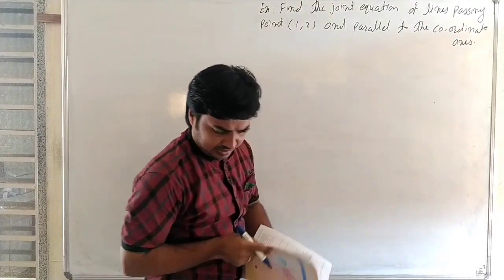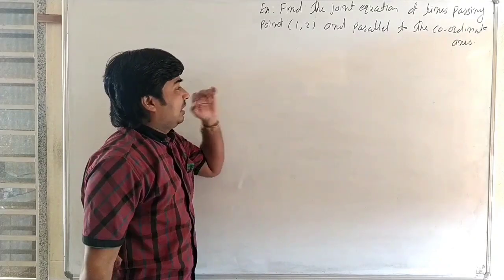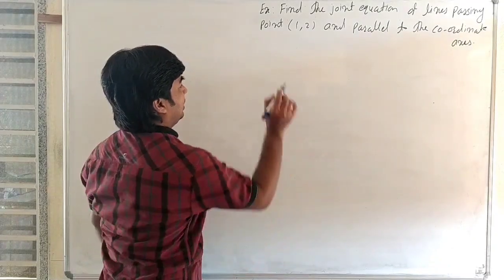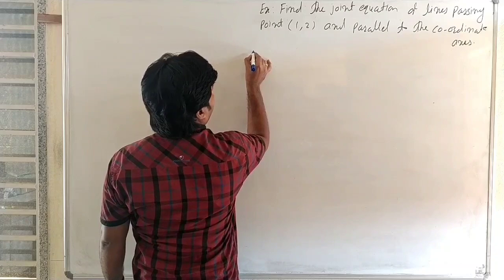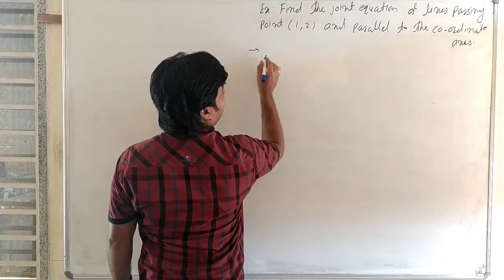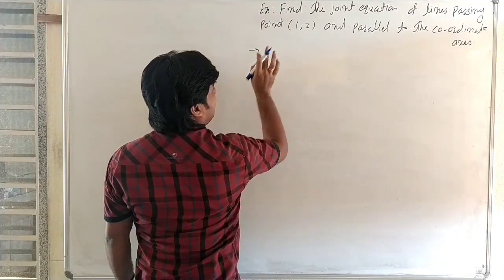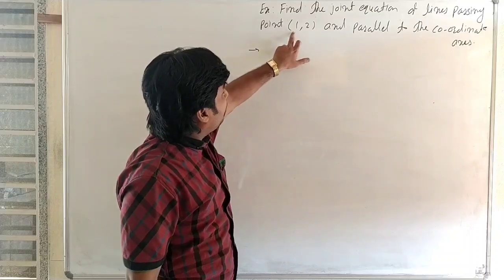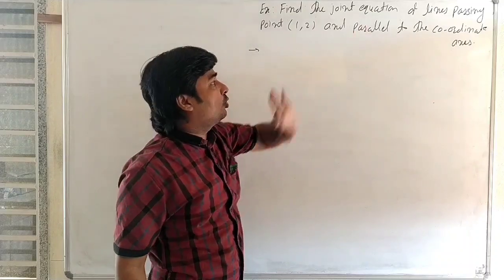Okay, these are simple problems, asked for 2 marks or 1 mark. Here, the lines pass through point (1, 2) and are parallel to the coordinate axis.